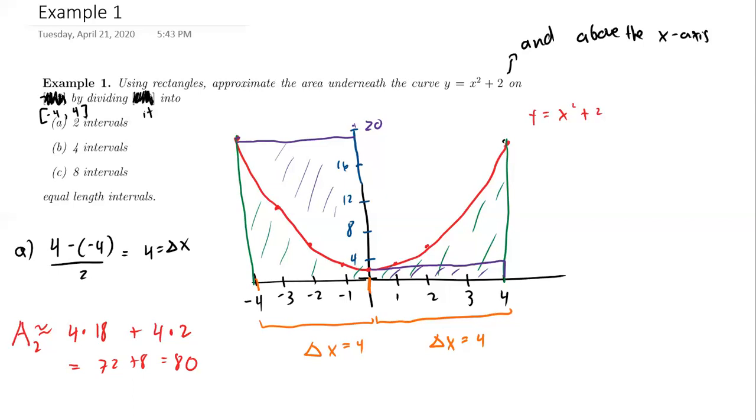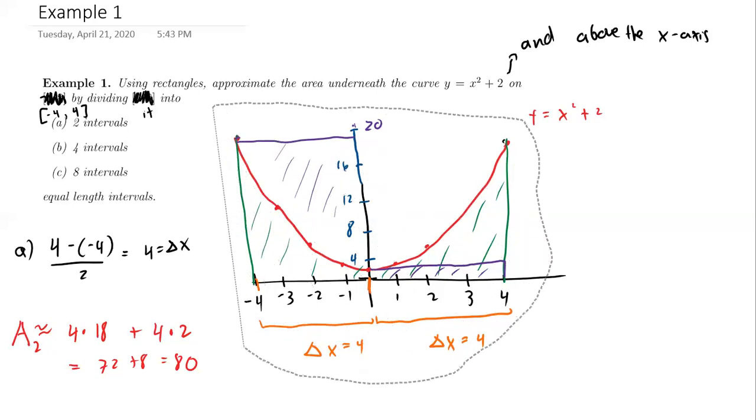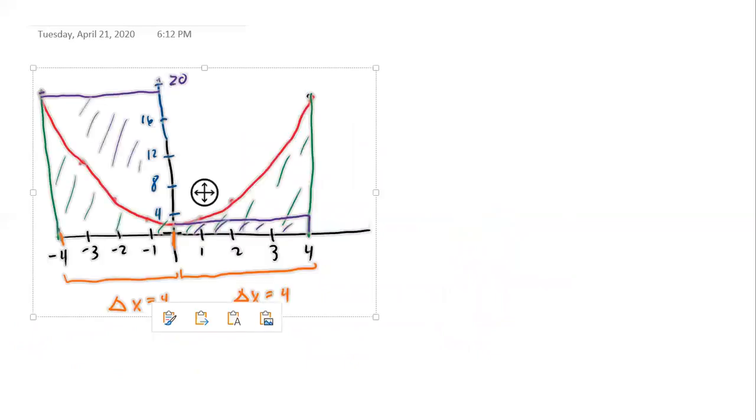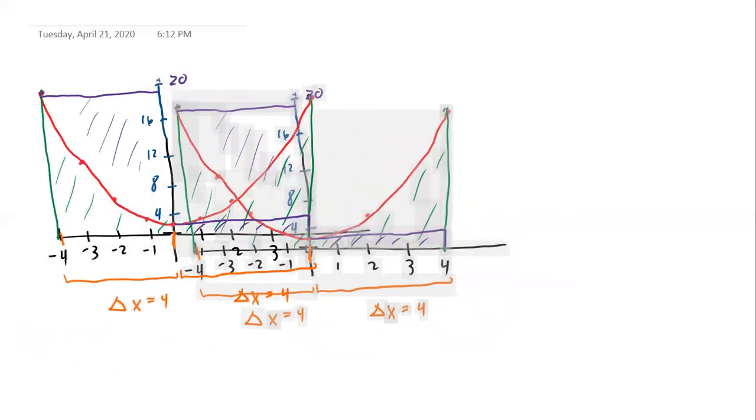So I'm going to copy this picture here, and I think I can copy and move it to another page. Yep, there we go. Move it here to the side.